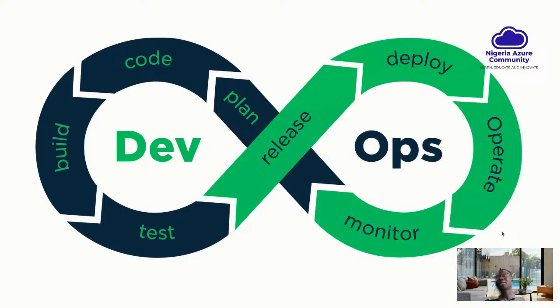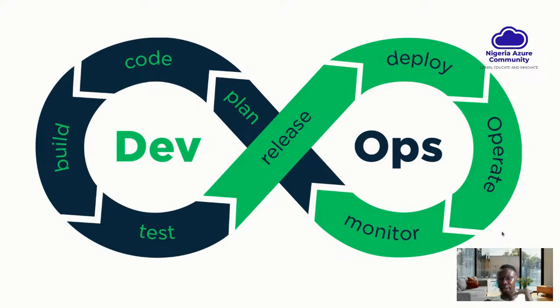So we understand how DevOps works, why we need DevOps, right? DevOps is a combination of the development team or developers and the operations. Initially we understand how difficult it was for us to manage our workflow and become more efficient, right?